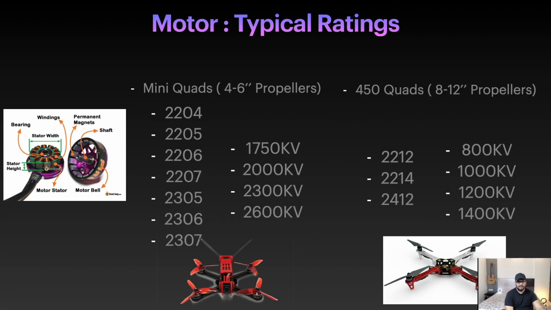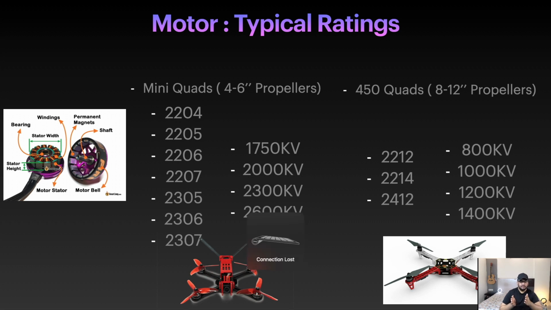As I mentioned, these are the typical motor ratings. If you want to build a mini quad like this one, which can spin a propeller of 4 to 6 inches, then the common sizes available are 2204, 2205, and make sure the first set of numbers is the width of the stator in millimeters. The second set is the length of the stator in millimeters.